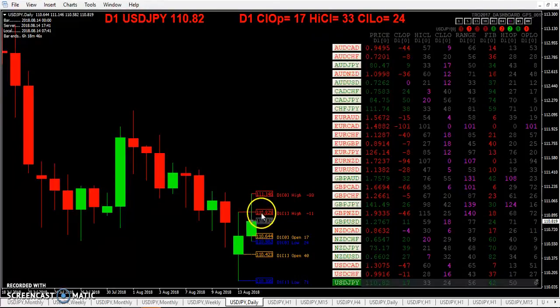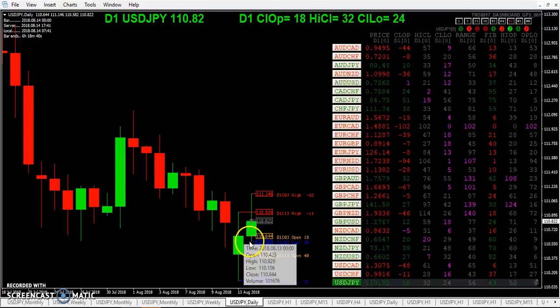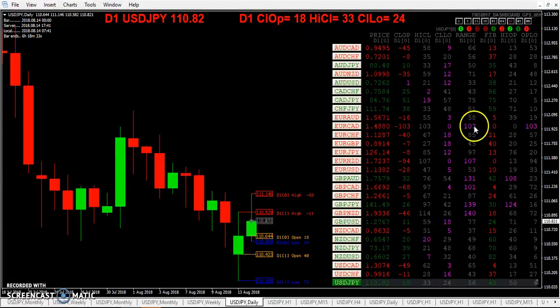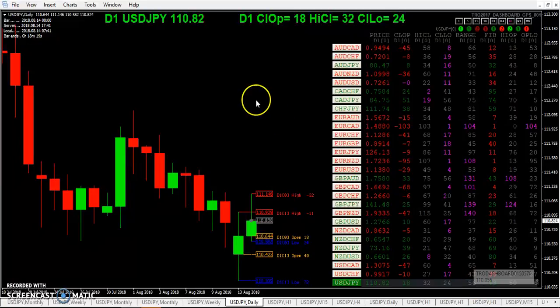So once again, the long trigger's at 110.929. The short trigger would be the previous day's close, which is right around the open, 110.64. And looking at the range, 1, 2, 3, 4, 5, 6 ranges over 100, with the euro yen clocking in at 97, and the dollar yen a kind of anemic 56.